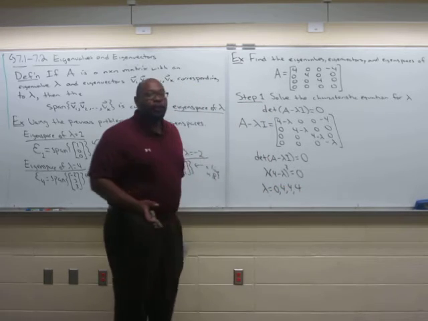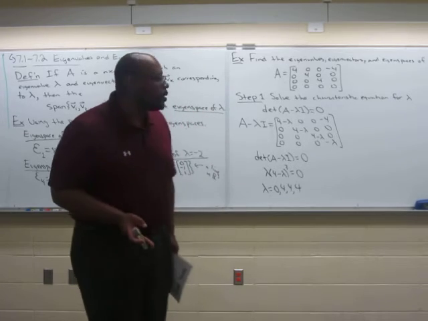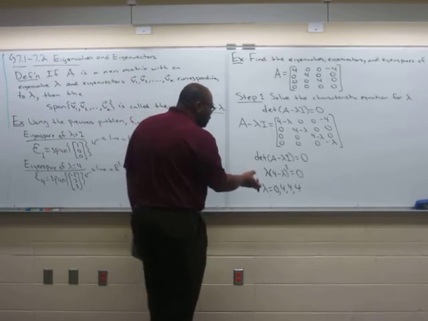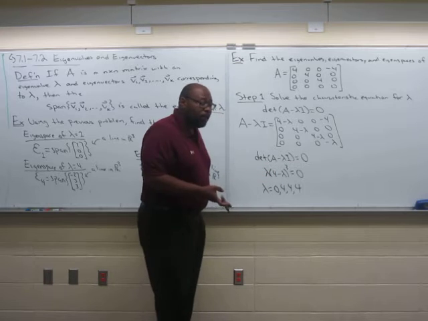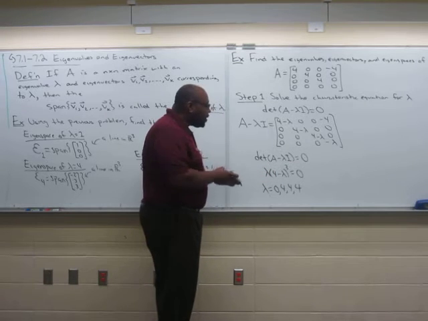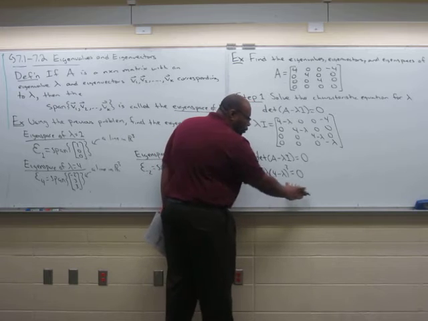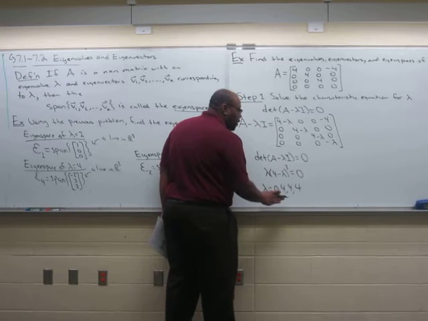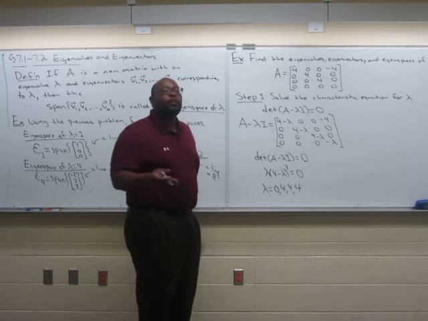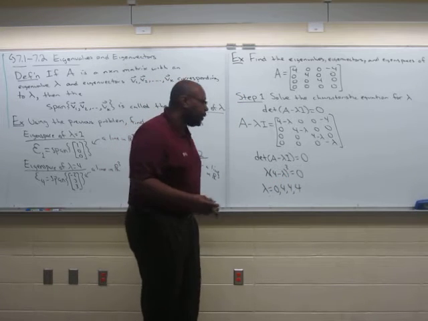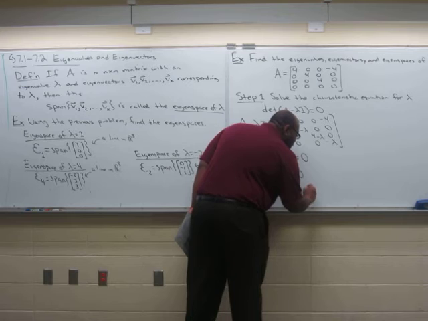Notice I get 4 values because this is a 4 by 4 matrix. I get 4 eigenvalues. Notice that this eigenvalue repeated 3 times. So since this eigenvalue has repeated 3 times in my characteristic equation, we say that 4 has algebraic multiplicity of 3 because it repeats 3 times.